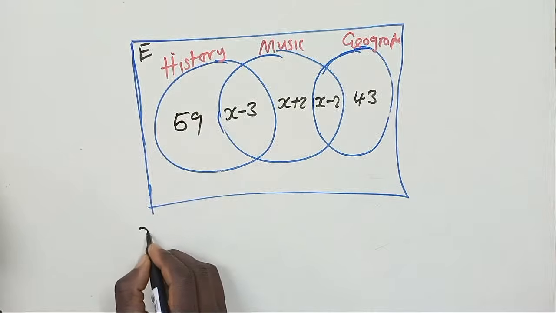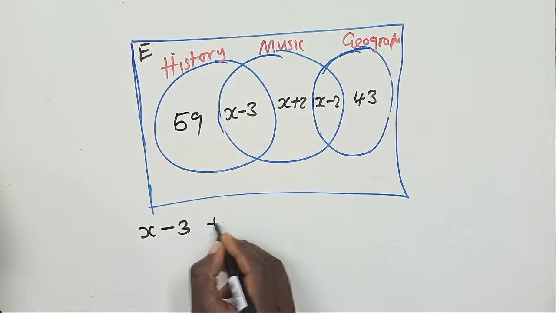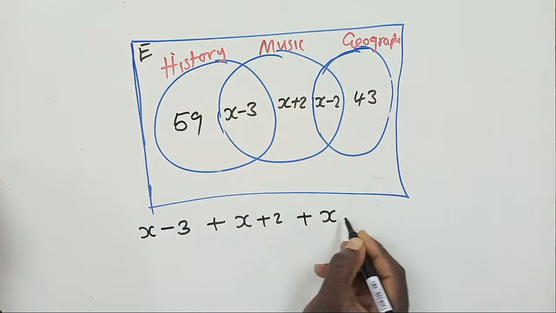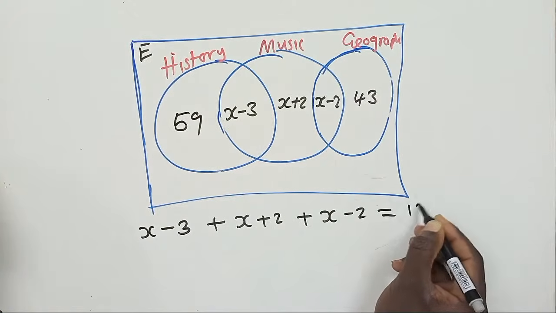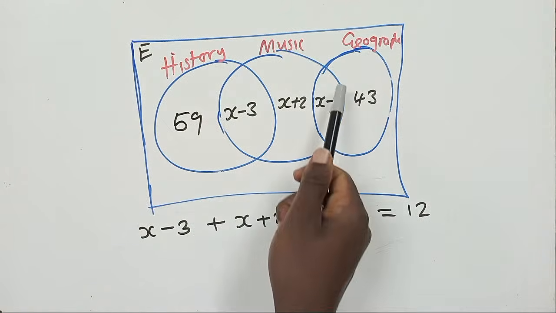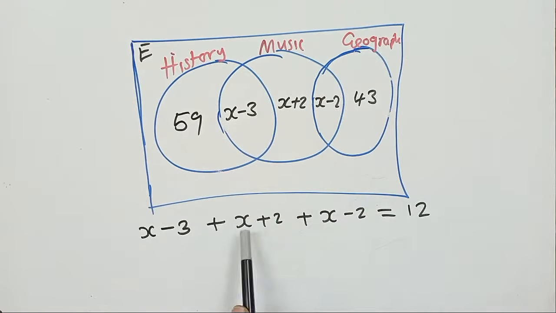So we have x minus 3, plus x plus 2, plus x minus 2 is equal to 12. They have said that 12 learners took music, and music is right here. So get this, plus this, plus this. You just add them and solve the equation.